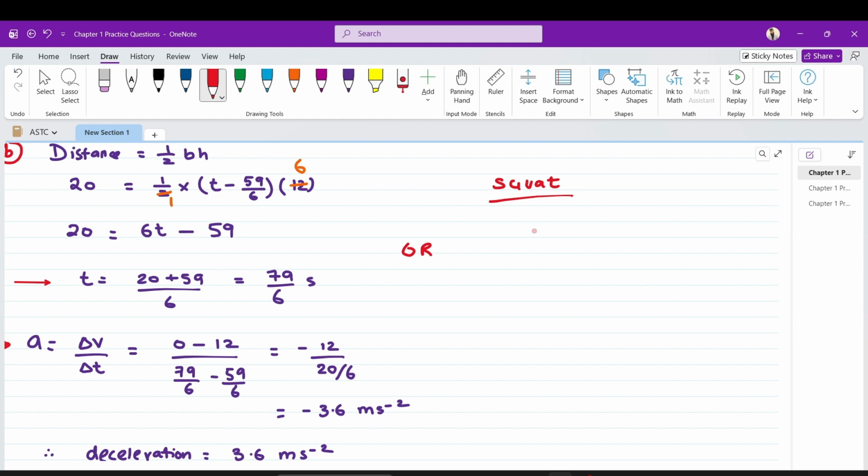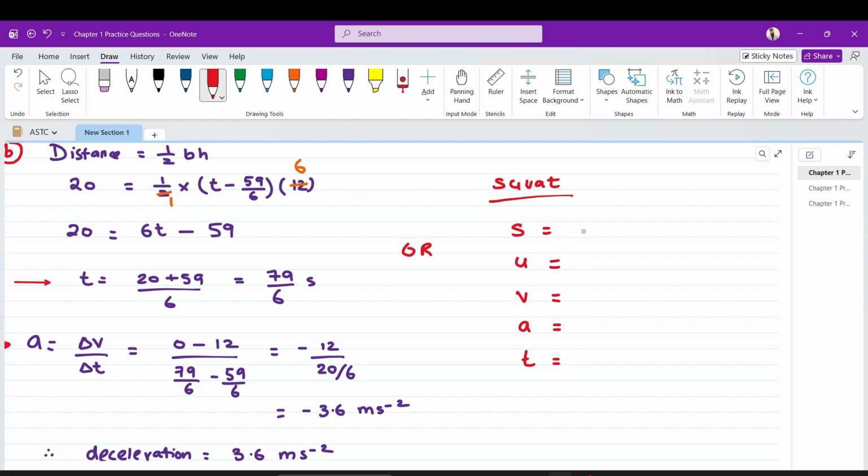But for those of you who are familiar with this through A-level physics, you might recognize it. First, I'm going to write S, U, V, A, and T. S represents displacement, U represents initial velocity, V represents final velocity, A represents acceleration, and T represents time.